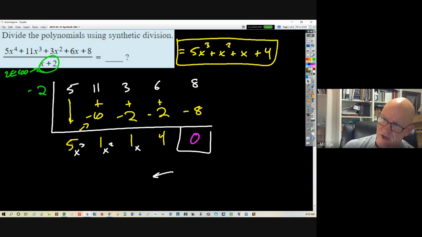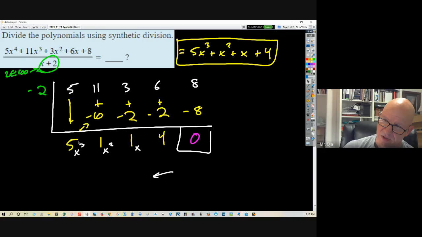Now, whenever a number drops below the bracket, the process is always the same. In this case, we have a 5. We're going to multiply that number by whatever the number is outside, the 0 of the denominator. So 5 times -2 is -10. And then we push that up into the next row inside the bracket. And then we just add those numbers.